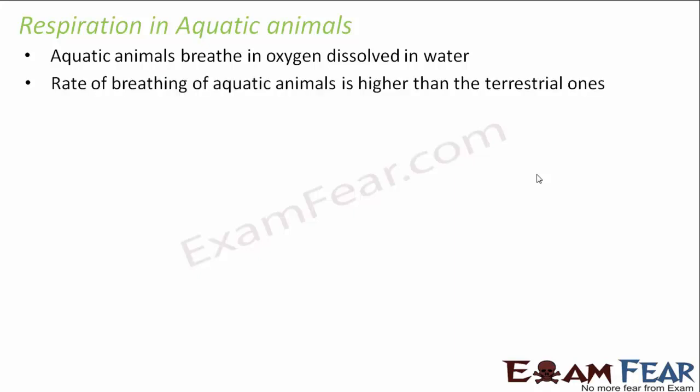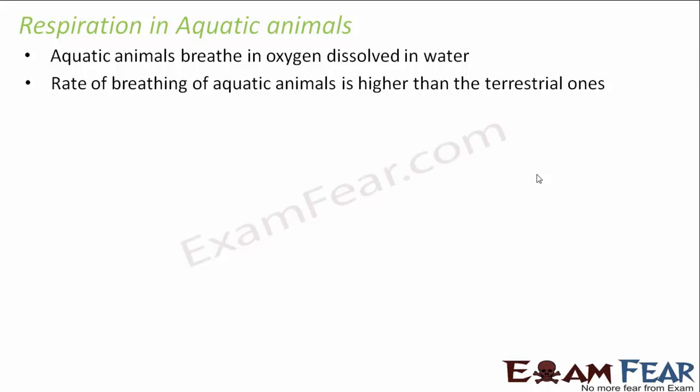So the rate of breathing of aquatic animals is higher than the terrestrial ones. Can you guess why? Because terrestrial animals, that means the animals which live on land, for example human beings, breathe in oxygen from air into our lungs. So we have these organs called lungs inside our body which are used for absorption of oxygen.